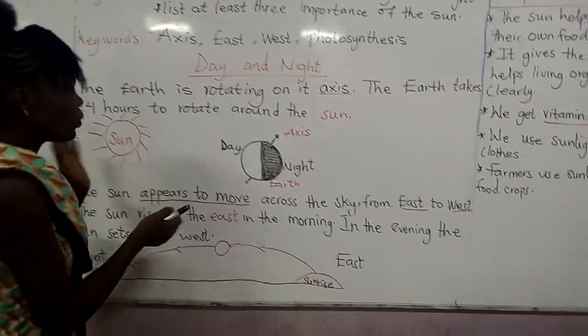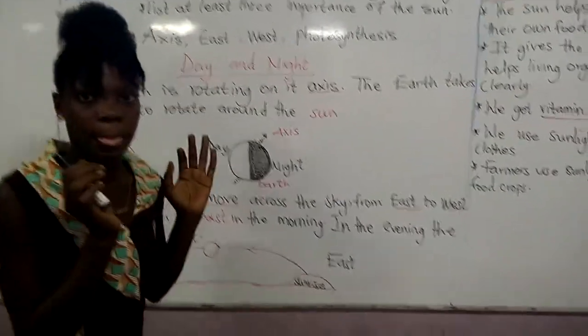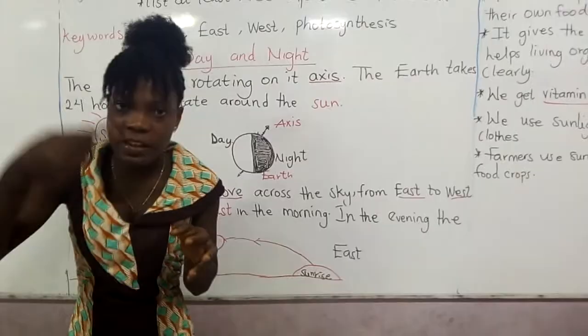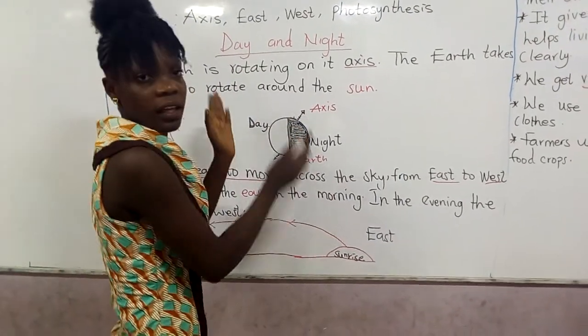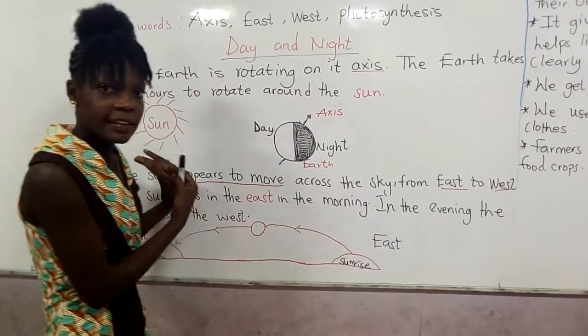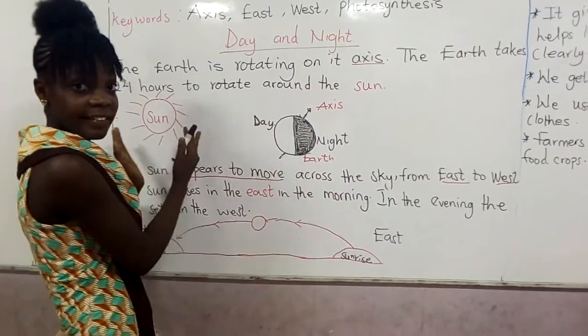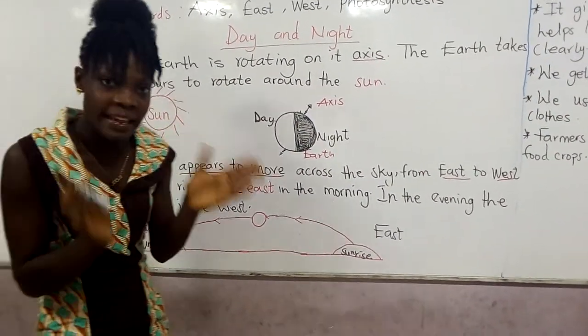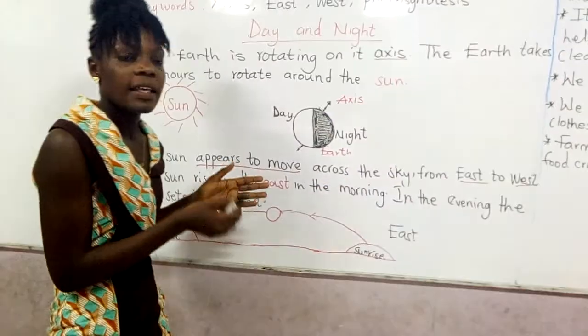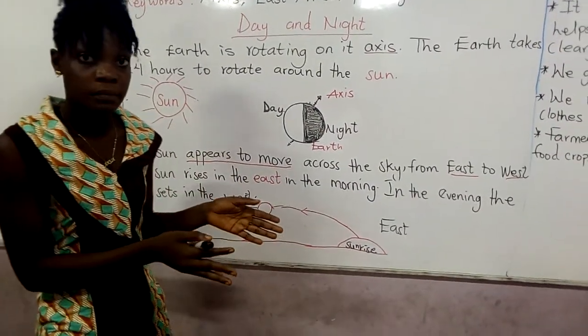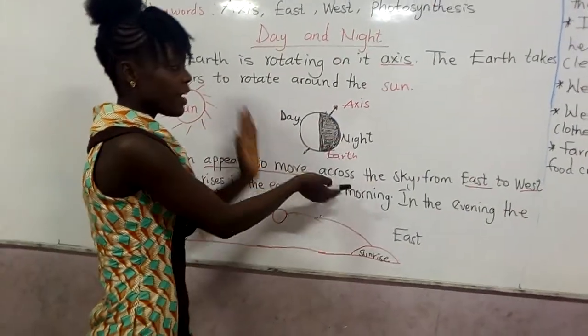So when the sun is there and the earth rotates, it goes round and round. The part of the earth that faces the sun gets light. So when it gets light, that part is having daytime. It's like the diagram here.